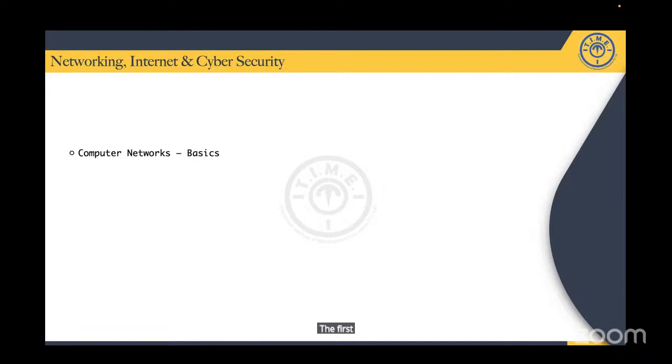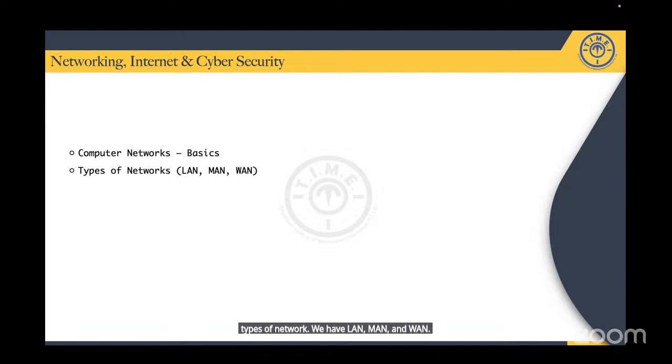The first one, what is a computer network, right? Very basic one. A computer network is a group of computers connected to share resources. What are the resources? Files, printers, internet, right? So whenever sharing resources comes, you can easily trigger network. Types of network. We have LAN, MAN, and WAN.